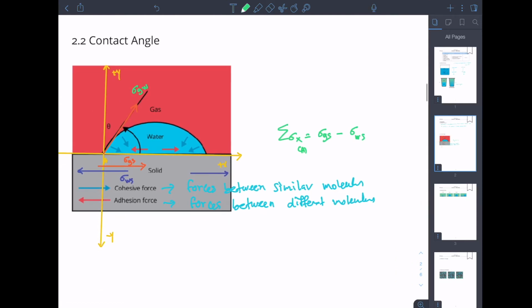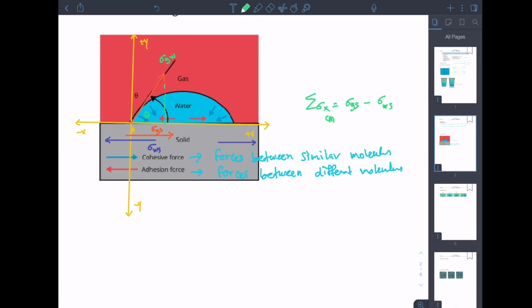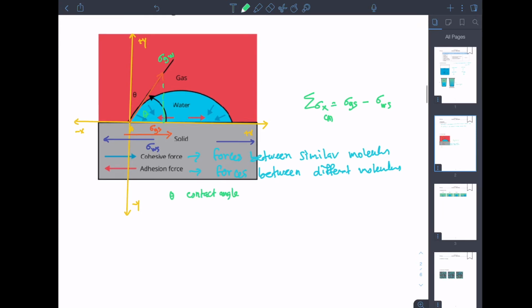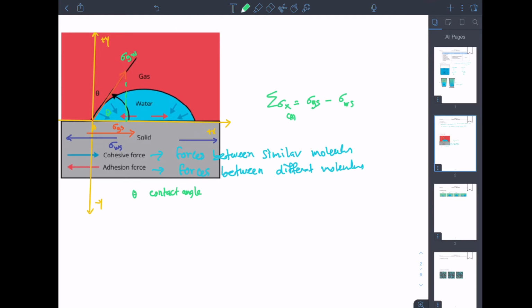And that's only at the x, then this is theta. And by the way, theta is the contact angle. So then we'll have plus sigma gas water cosine theta. And since the system is at rest, the sum will be 0.